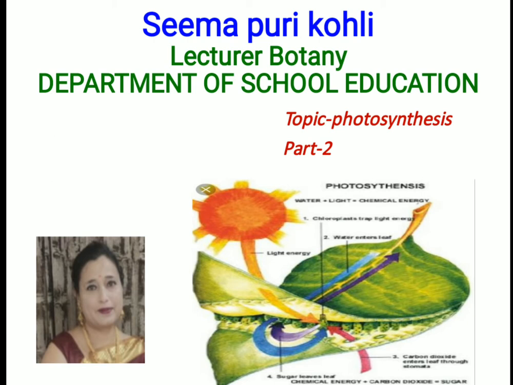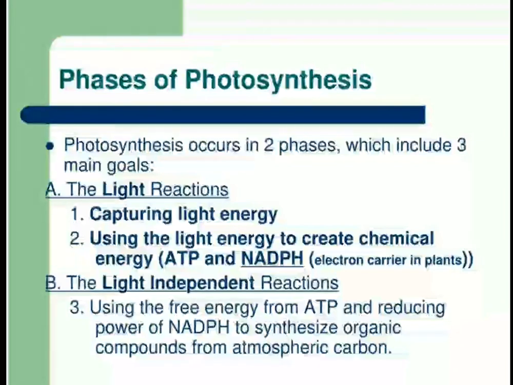Today we are going to start with the second phase, that is the mechanism of photosynthesis, in which I have to tell you that the total process of photosynthesis includes two phases and three main goals, that is the light reaction, which is called the light capturing reaction, obtaining the molecules of energy which are to be utilized in the dark reaction.